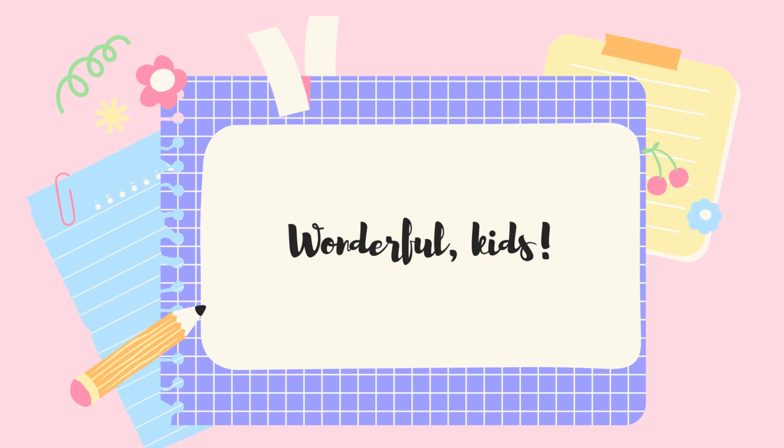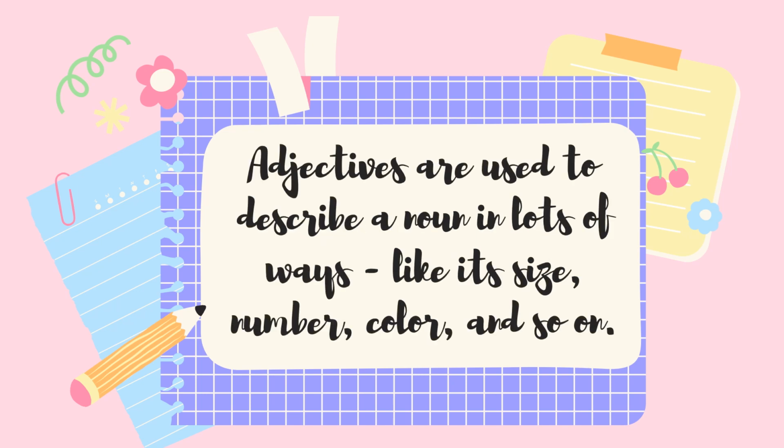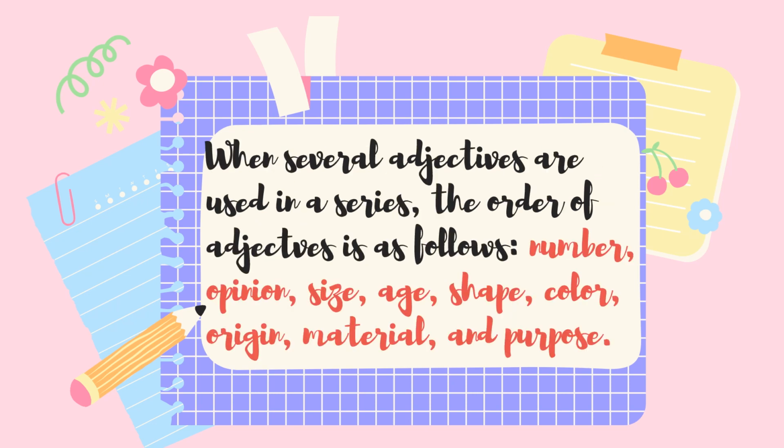Now, let's learn more about adjectives. Adjectives are used to describe a noun in lots of ways, like its size, number, color, and so on. When several adjectives are used in a series, the order of adjectives is as follows: number, opinion, size, age, shape, color, origin, material, and purpose.